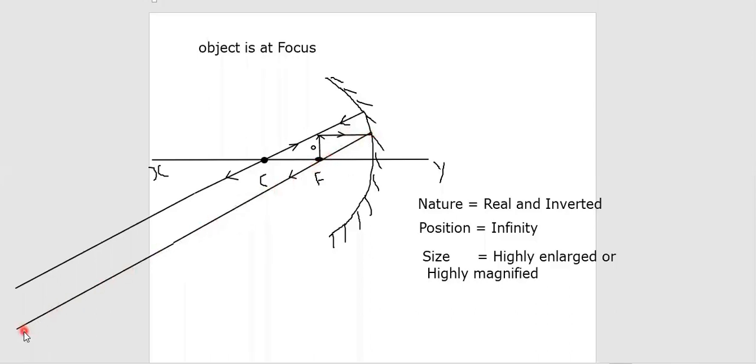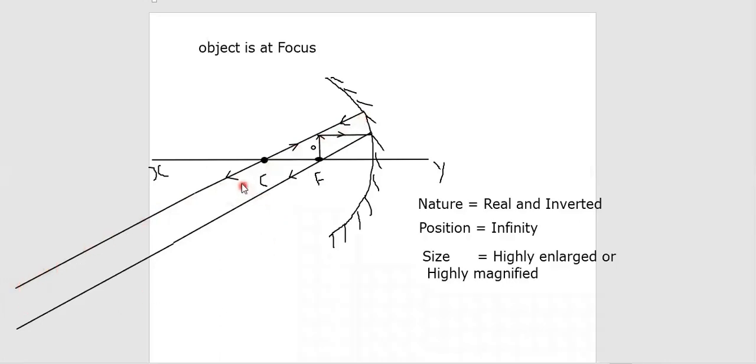First rule you have learned. Now third rule you need to apply, concave mirror third rule. If a ray of light is passing through the center of curvature, after reflection it will take the same path from where it is coming. Understood?